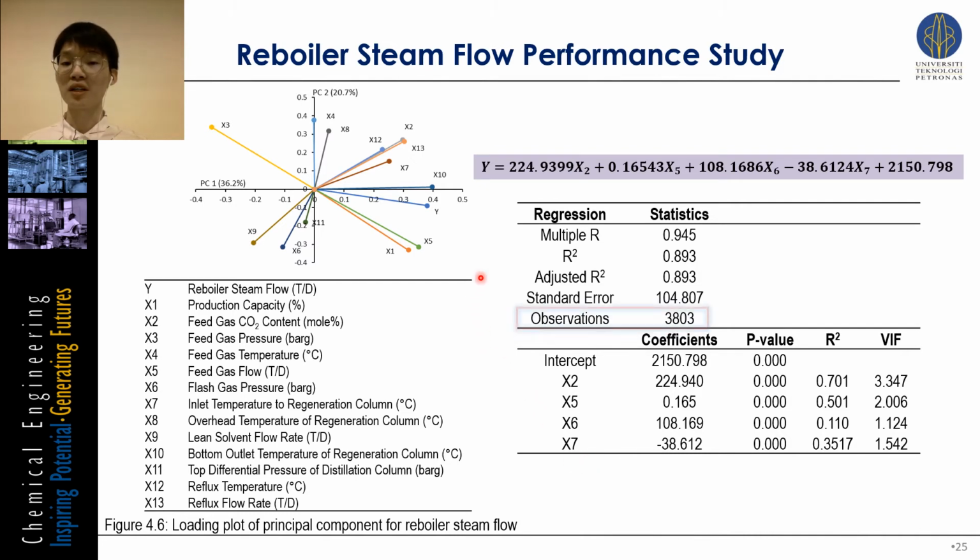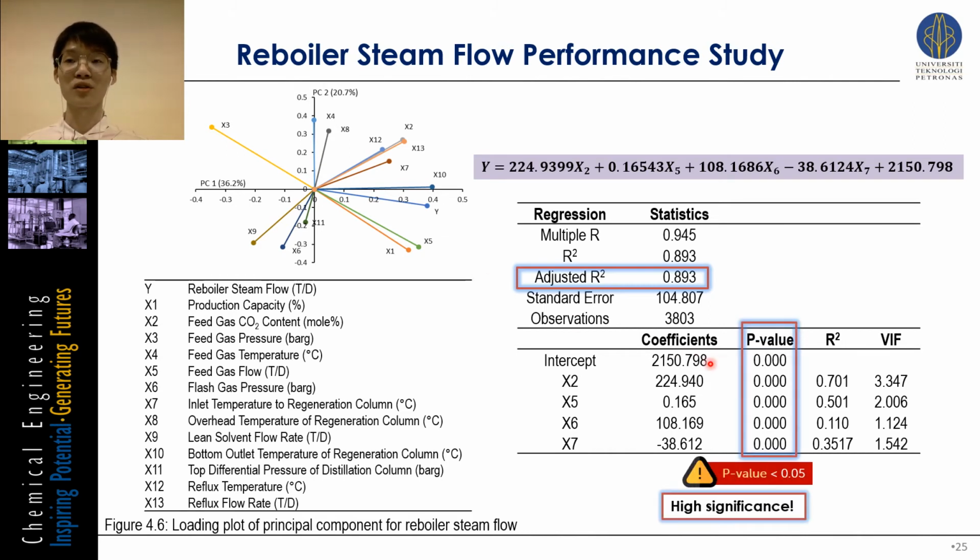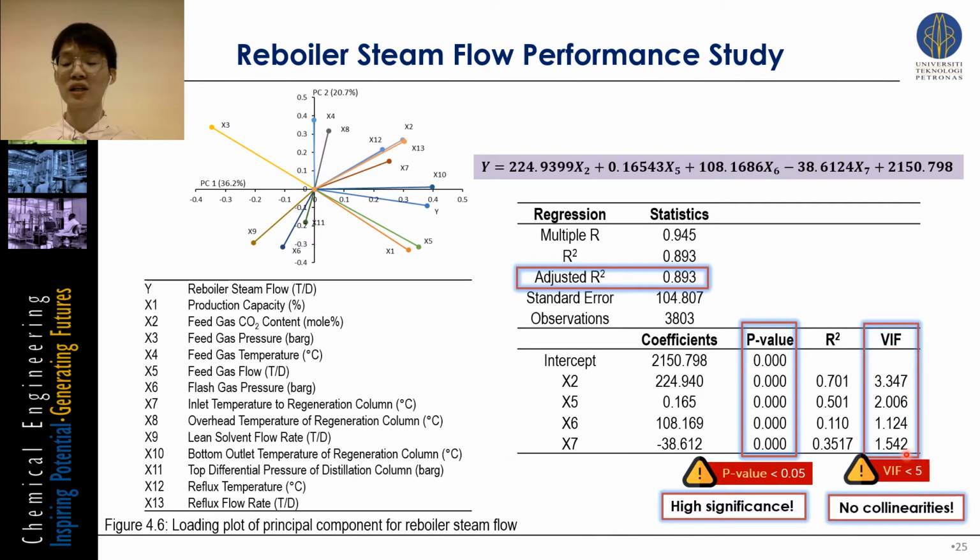The adjusted R-square is approximately 0.89 and the p-value is 0, which is less than 0.05, showing a high significance of these variables towards the reboiler steam flow. In terms of the VIF, the variance inflation factor, it is less than 5, which means the selected variables have no collinearities or redundancies.